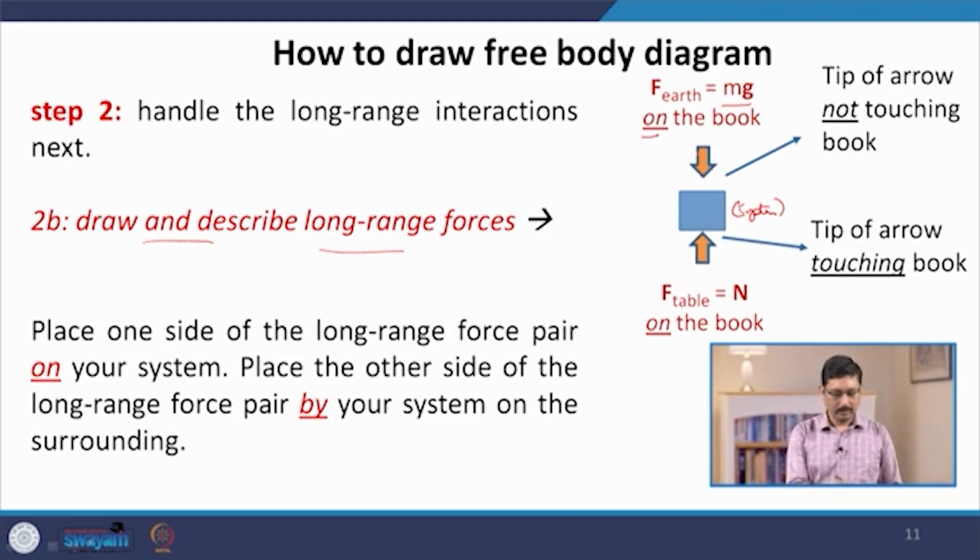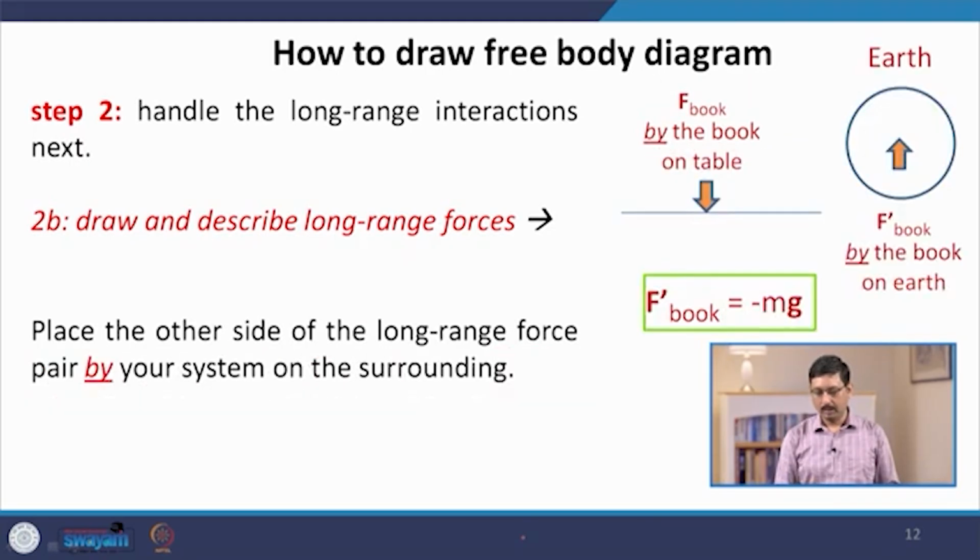So, again just to say in words, there is a pair of interaction which is the earth and the book. Place one side of this long range force pair on your system, which is shown by this arrow, and place the other side of the long range force pair, by your system on the surrounding.